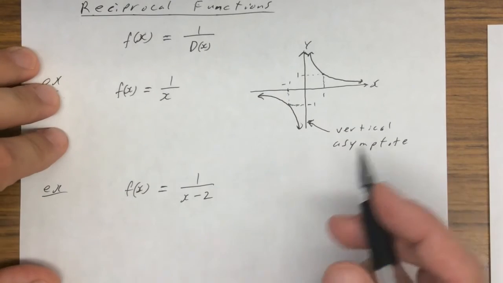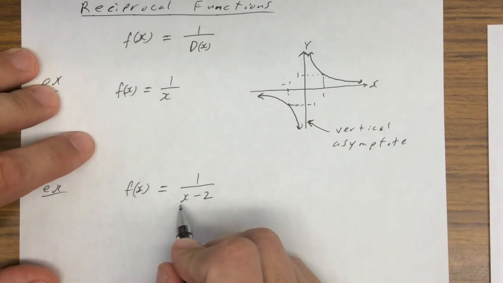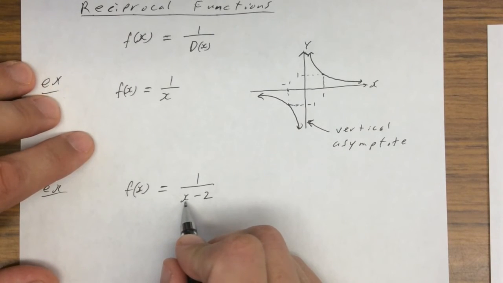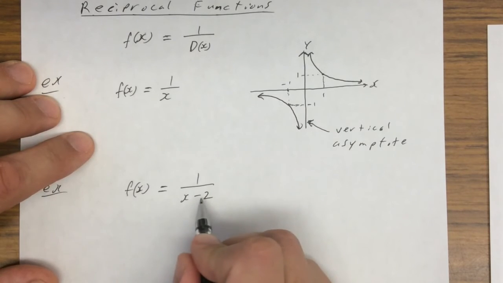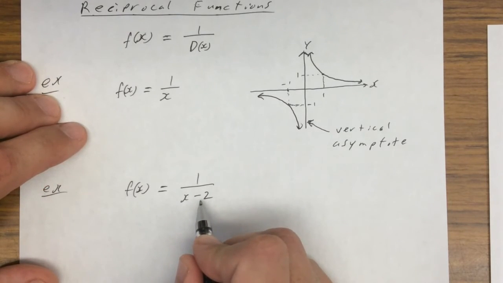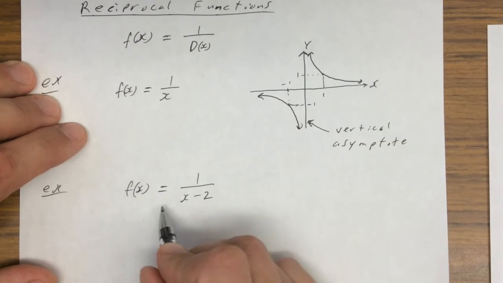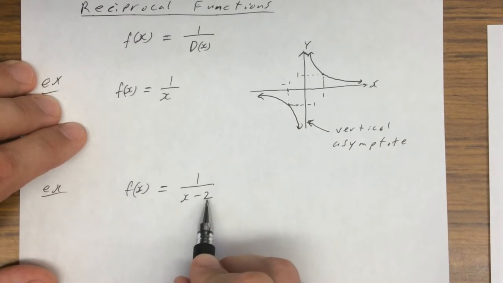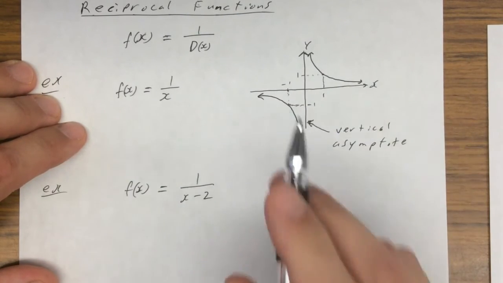So for this one here, if we look at it, for all x values that are greater than 2, the denominator is positive. For all x values that are less than 2, for example 1 minus 2 is negative 1, the denominator becomes negative. So what this x minus 2 does on the bottom is it just shifts this function to the right.